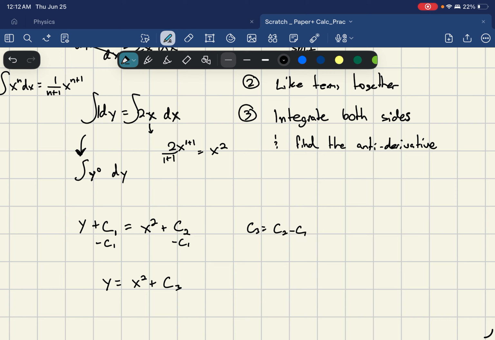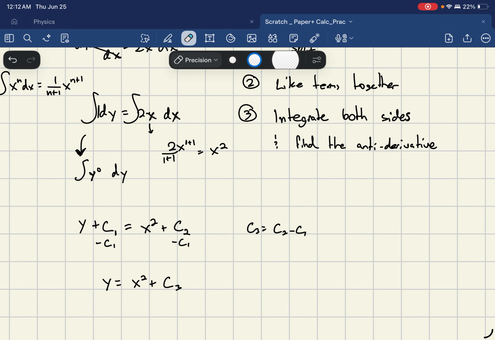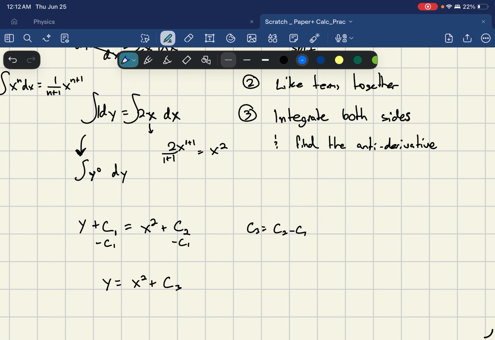In the end, you're going to find that the constants don't really matter unless you're given an actual solution. For example, let's say I was given that f of 0 is equal to 4. With my general solution here, I could just plug in the values I know and solve for the constant.